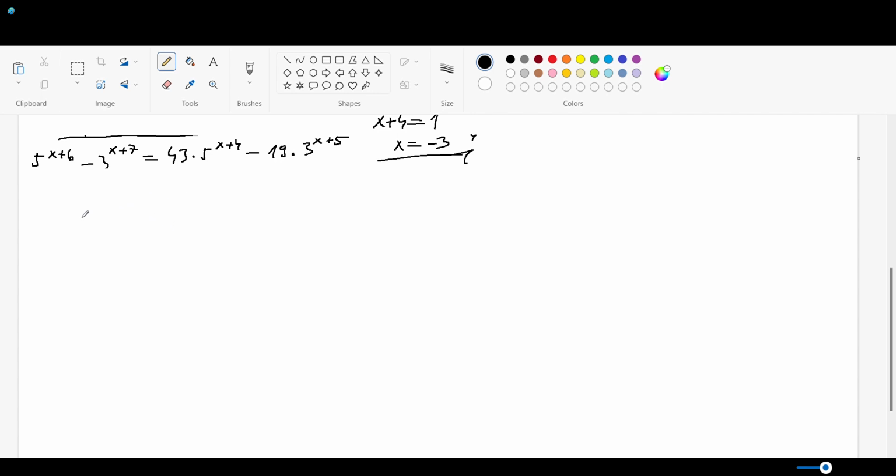So the left side for x being -3 is equal to 5 to the power of -3 plus 6, take away 3 to the power of -3 plus 7, which is equal to 5 to the power of 3, take away 3 to the power of 4. Now you can use something really simple: 5 to the power of 3 is 25 times 5, which is 125.